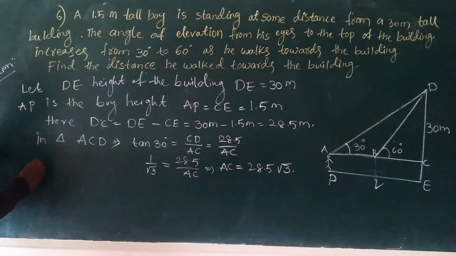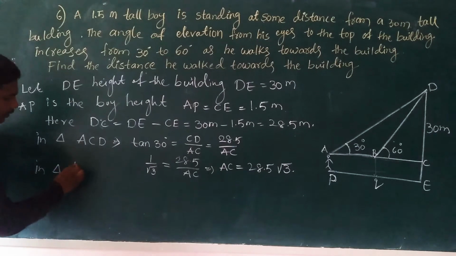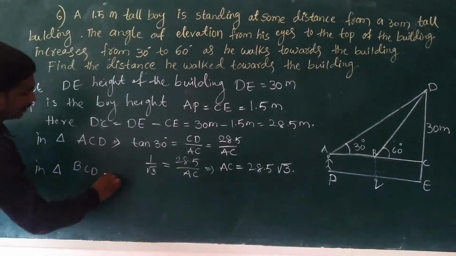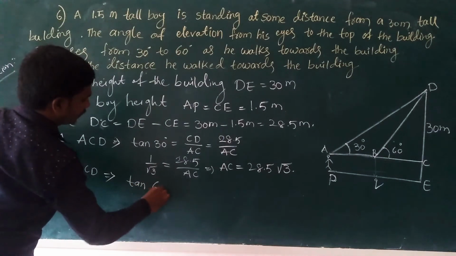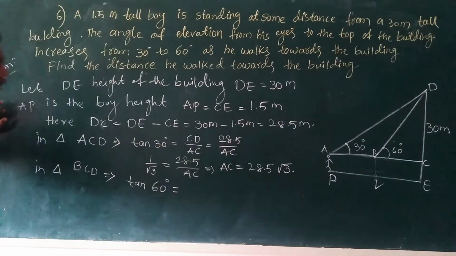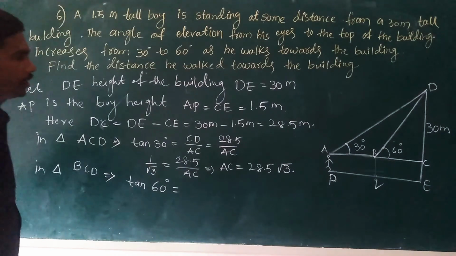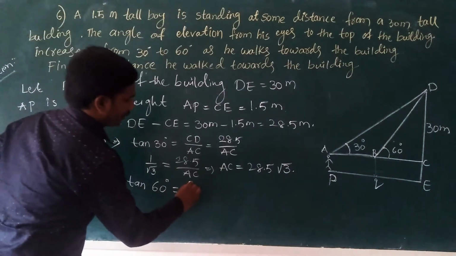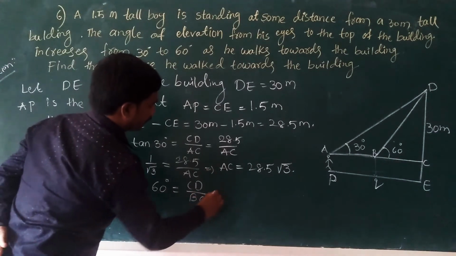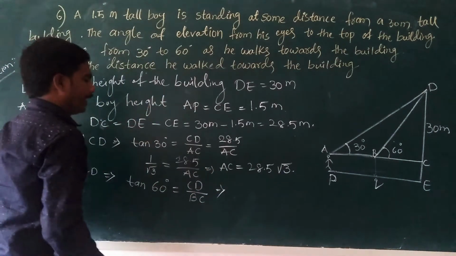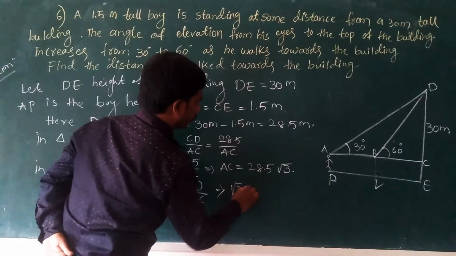Next, consider triangle BCD. In triangle BCD, same, tan 60 degrees, now the angle of elevation is 60 degrees. So tan 60 is equal to CD by BC. Tan 60 value is root 3.